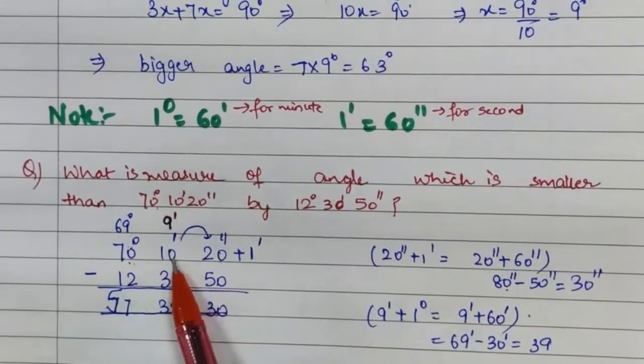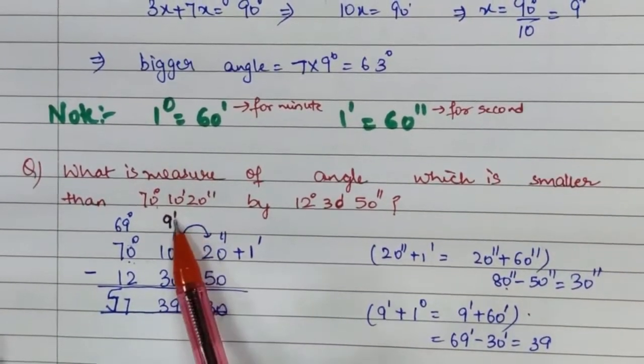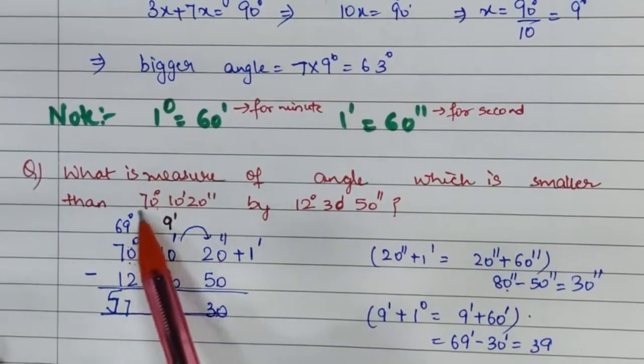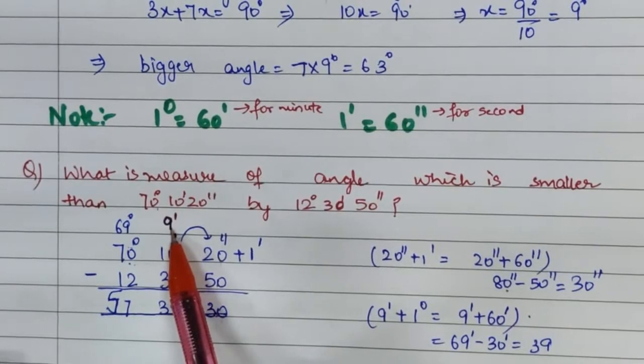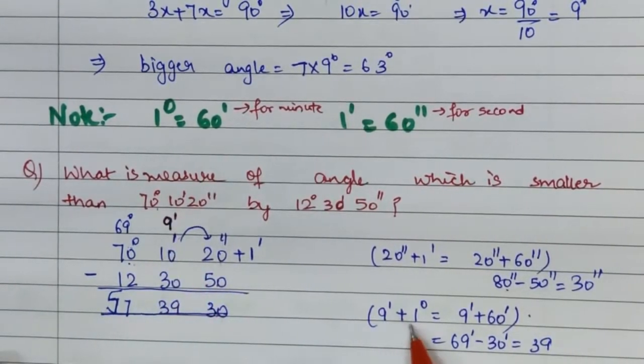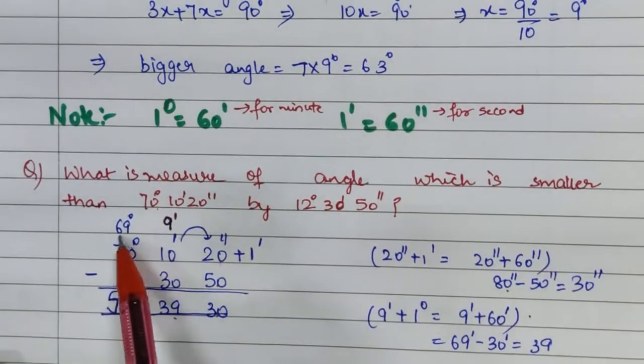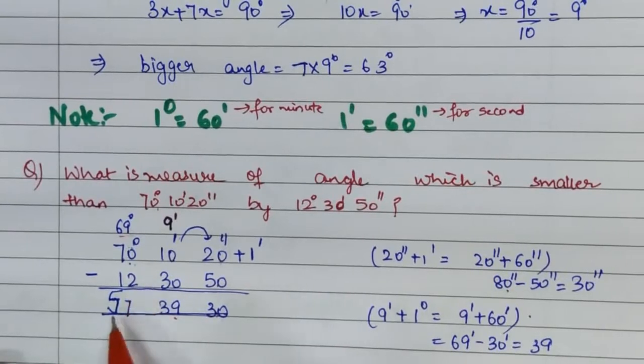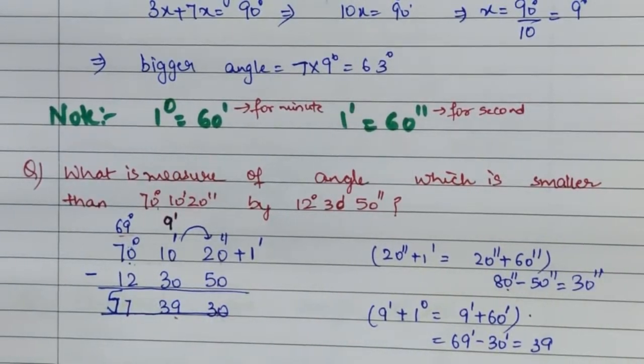Here we will be left with 9 minutes. Now from 9 we cannot subtract 30. It means one more degree we will take from here. We get 9 minutes plus 1 degree, that is 69 minutes, minus 30 minutes, we get 39. And here we are left with 69 degree. Minus 12, we get 57. Clear?